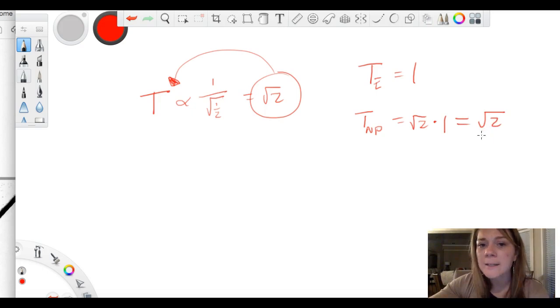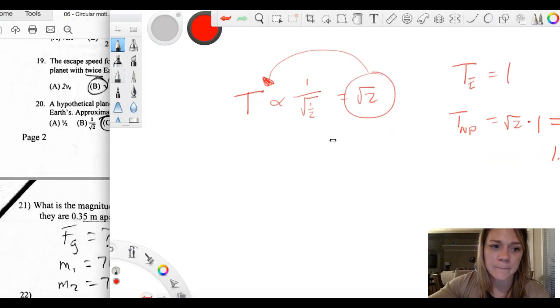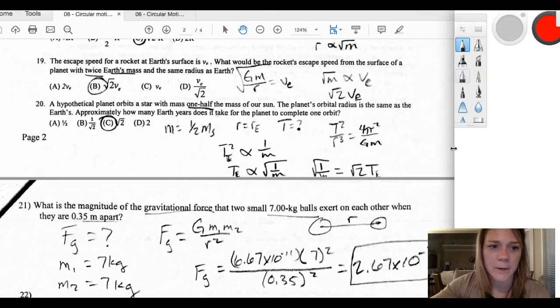So because its sun has less mass, there is less gravitational force between the two. So it's going to take longer for that same planet at the same radius to orbit its sun. So about 1.41 years is the new planet's period in Earth years.